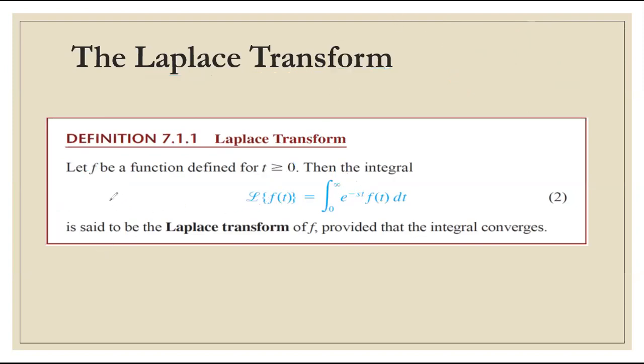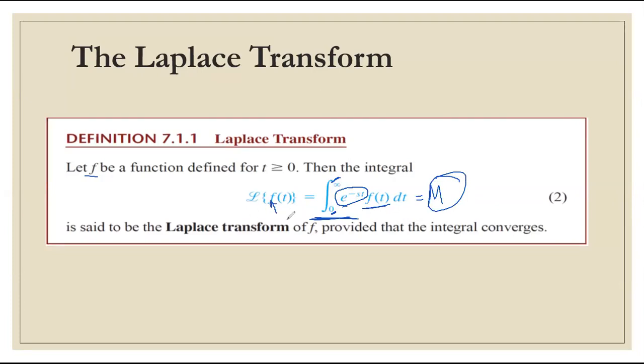So for me, I think it's very easy. If you give me any function f and you need me to find its Laplace transform, I'm going to take the integral of my function multiplied by exponential negative st from 0 to infinity. Now, if this answer is a finite number, and at that time this integral converges, then I will call my answer the Laplace transform of the function f.